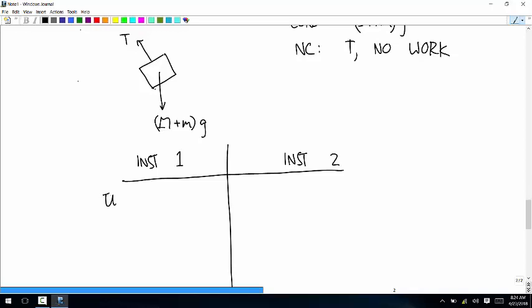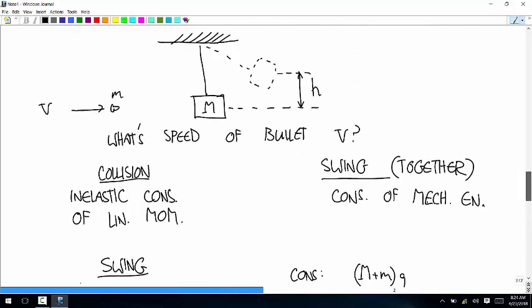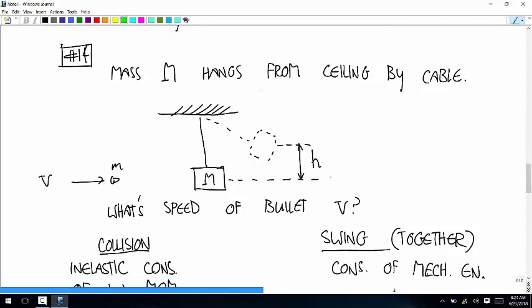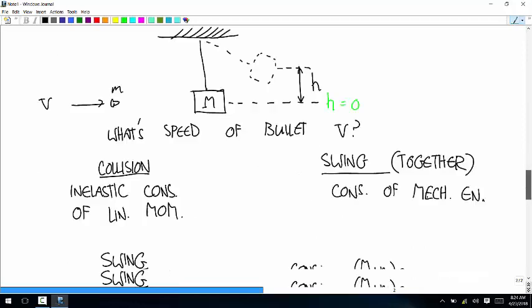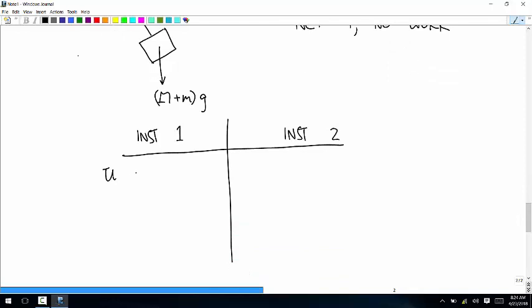At instant 1, for the gravitational potential, we have to choose 0 height. If we choose h equals 0 to be at the hanging height of the mass, then the h we solve for is what we want. So what's gravitational potential energy at instant 1? It is big M plus little m times g times height, which is 0.